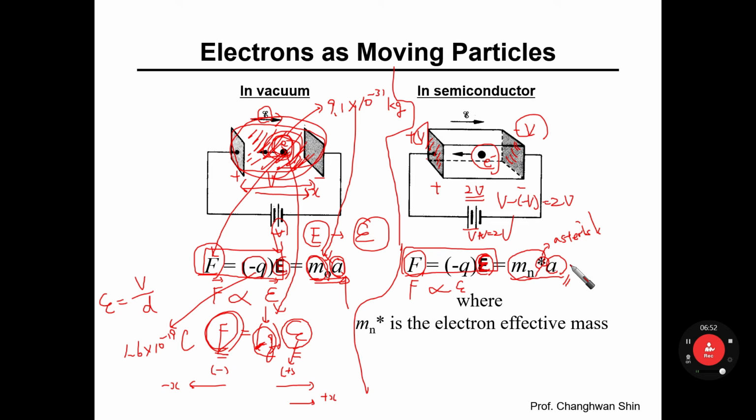you may expect that this asterisk is indicating something effective. The symbol that we have used is a small m, which indicates the mass. So asterisk m is indicating an effective mass. Then the question is, what is effective mass compared against mass?